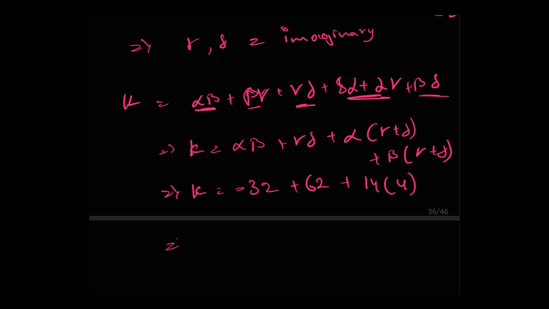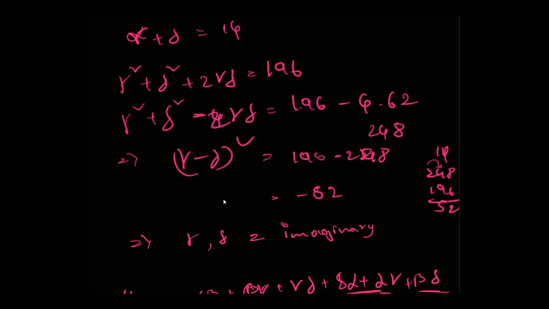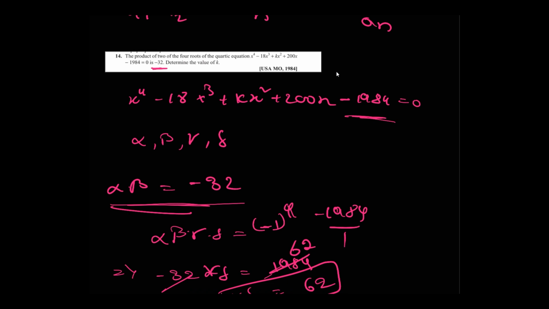That means k equals minus 32 plus 62 plus 56. That equals 56 plus 30, 86. We got the value of k as 86.